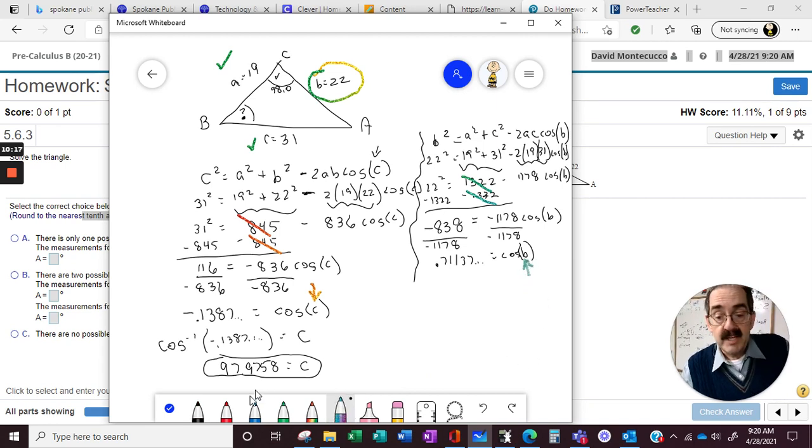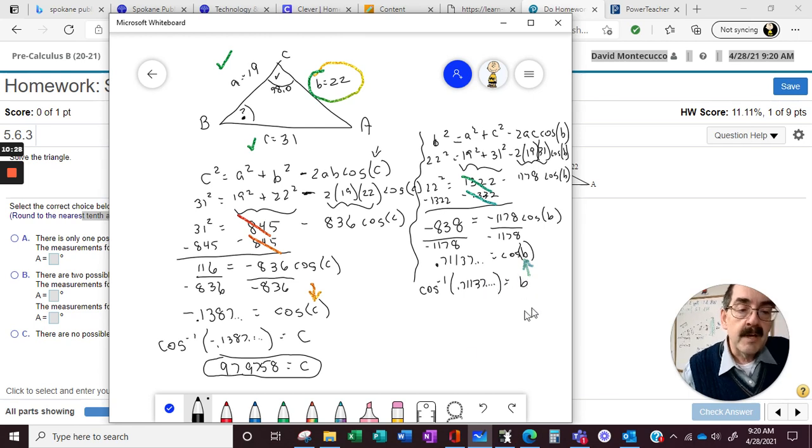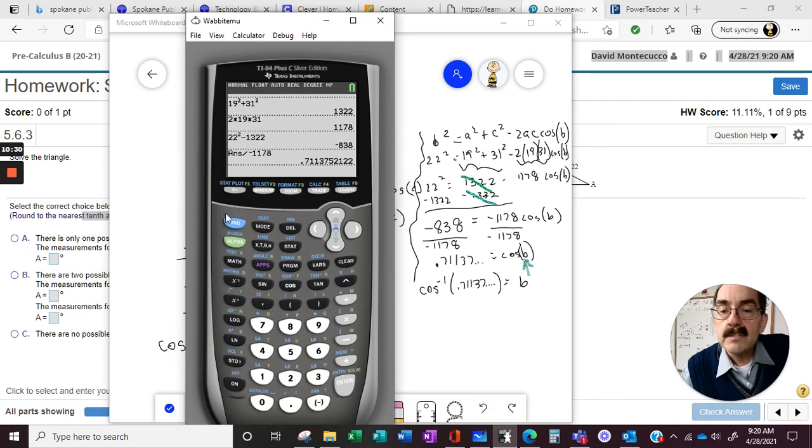We've got to get to B. So that's the inverse cosine. So the arc cosine of 0.71137 is equal to angle B. So now second cosine of the answer, that's second answer, close, equals 44.65.